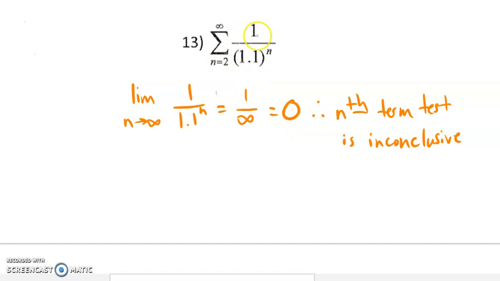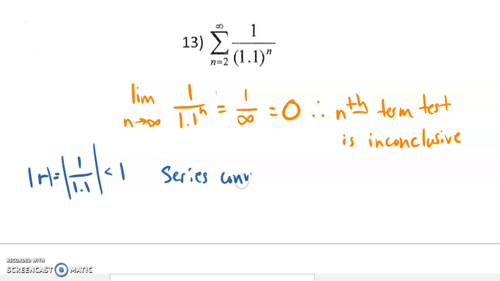We look at this series, and we actually recognize this as a geometric series. So r equals 1 over 1.1. That's what we're multiplying by. And the absolute value of that is less than 1. So this series converges. Not only can we say it converges, we can say it converges to a particular value, S equals the first term.